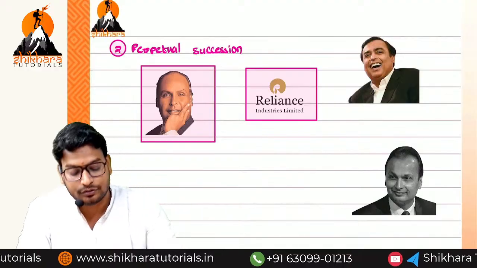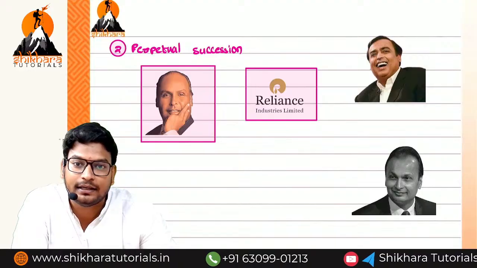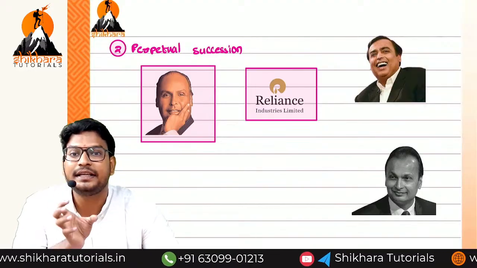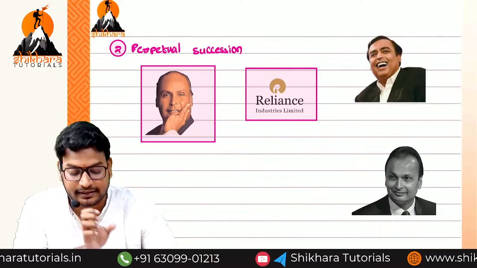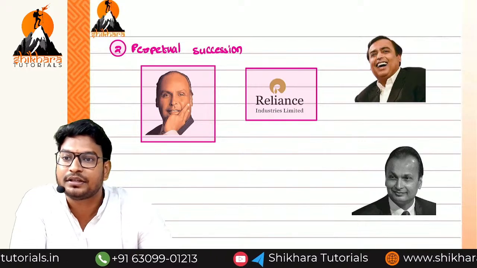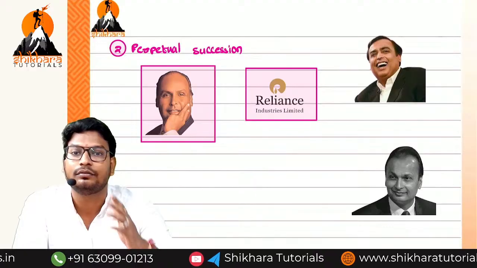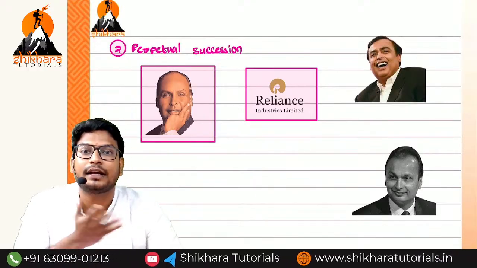Who is running it? Who has taken over this group of companies? It is taken over by Anil Ambani and Mukesh Ambani. That means the company still exists. For that reason, the company has perpetual succession. But will a sole proprietor have perpetual succession? No. In the same way, a partnership will not have perpetual succession.